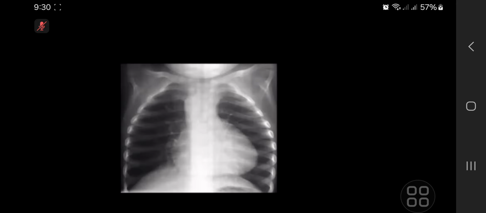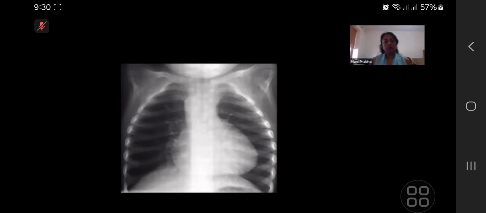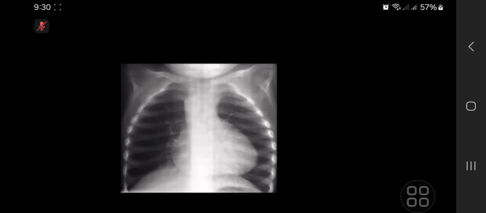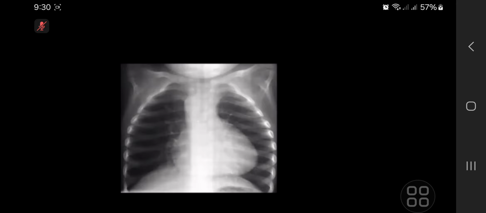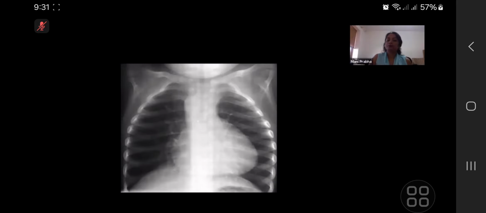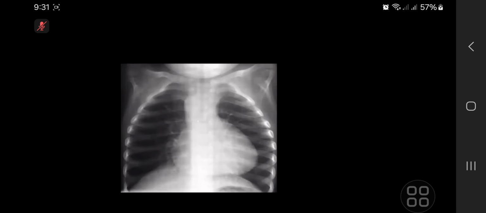The pulmonary artery and vasculature are decreased, and there is no chamber enlargement predominance. Reviewing the spine, rib cage, and sternum, there is no gross abnormality. So in summary, I think this is a boot-shaped heart in tetralogy of Fallot.